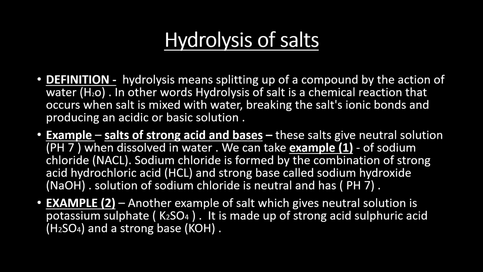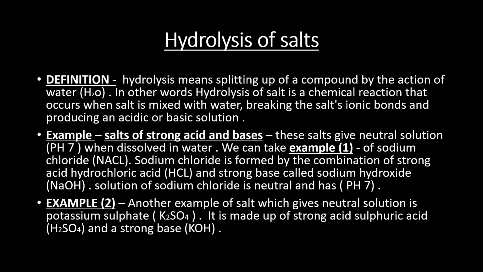Sodium chloride is a salt, and how is it formed? Sodium chloride is formed by the combination of strong acid, hydrochloric acid, and strong base called sodium hydroxide. So both these combine to form this sodium chloride, and its solution will be neutral, having pH 7.